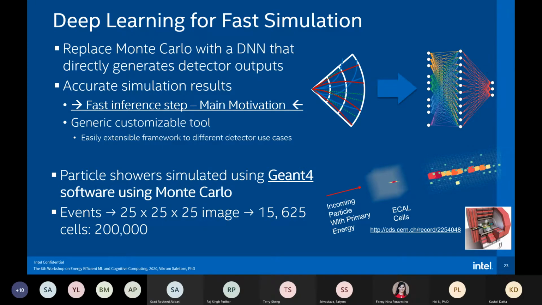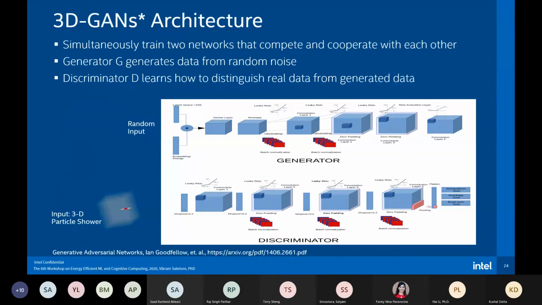So the architecture resulted in a 3D GAN, as you know from Ian Goodfellow's work on generative adversarial networks. Essentially, it trains two networks, a generator and a discriminator, with random input going into the generator.